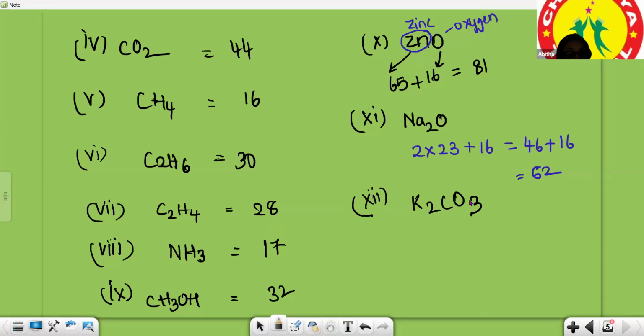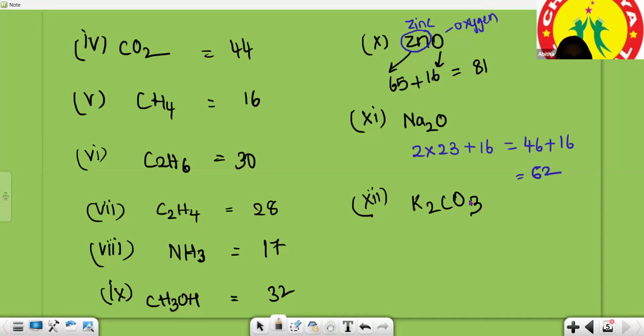But 11 is an odd number. In case of an odd number, you need to double it and add 1. So it becomes 23.